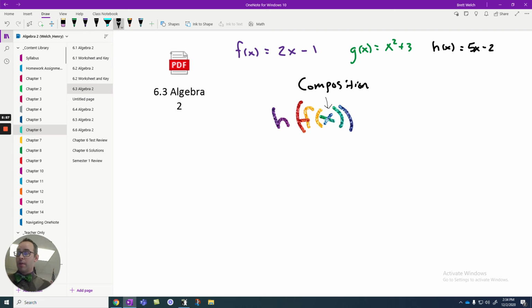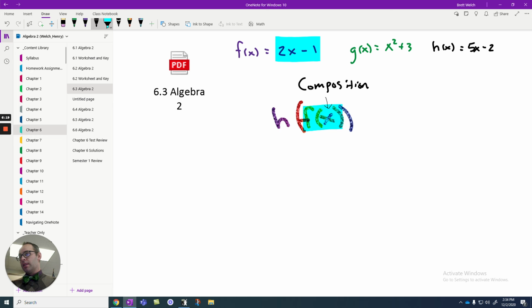That is a variable, which means I can't put the x into f, get a number, and plug that into h. When this is the case, we don't have any way to replace f of x with a number, but we can replace f of x with an equation.